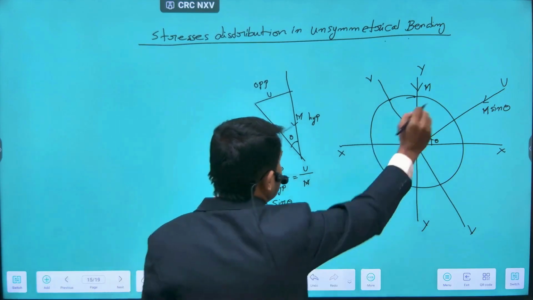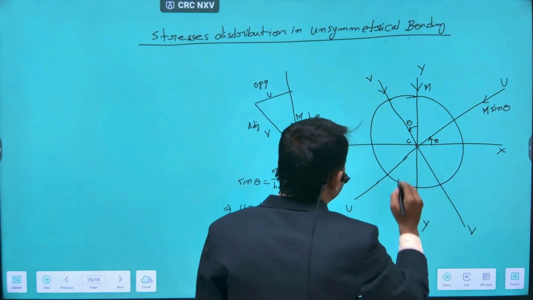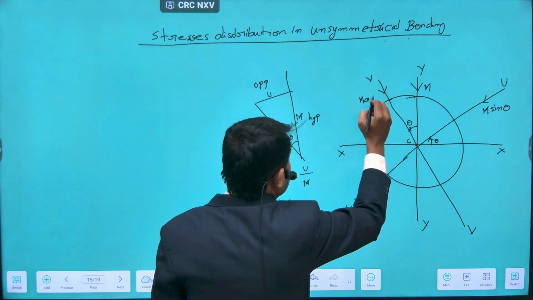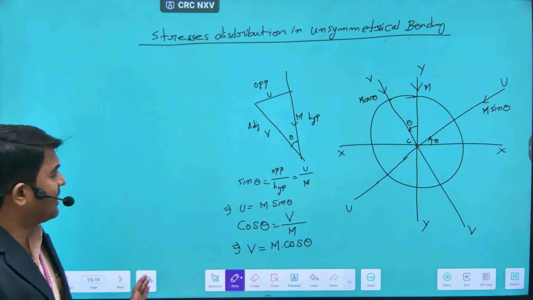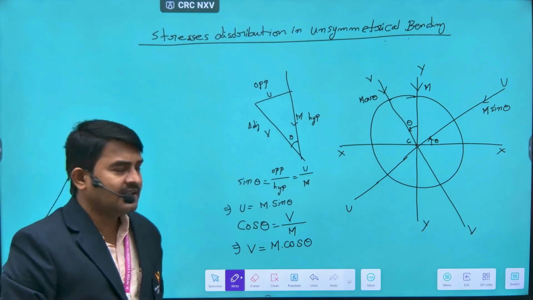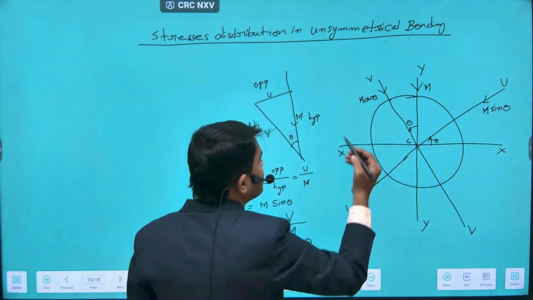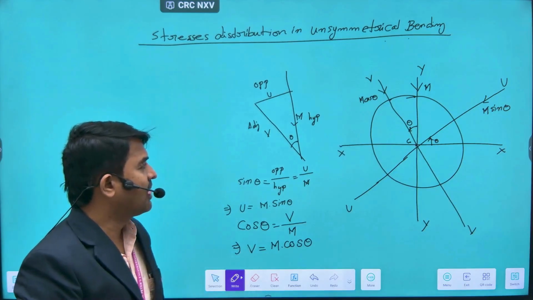So we identified the component along the UU axis, that is M sin theta, and the component along the VV axis, that is M cos theta.